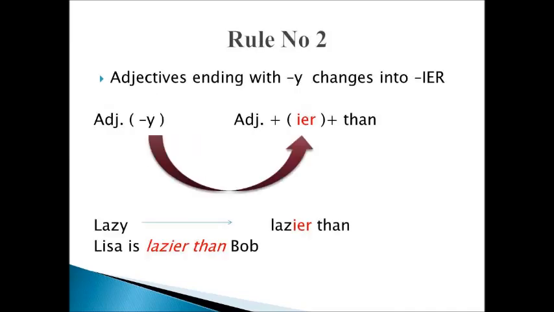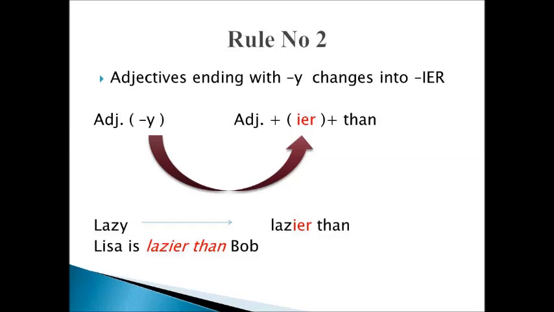Okay, now we will look at rule number 2. How do we change an adjective which ends with y? We remove the y, and we add ier to the adjective. For example, we have the adjective lazy.